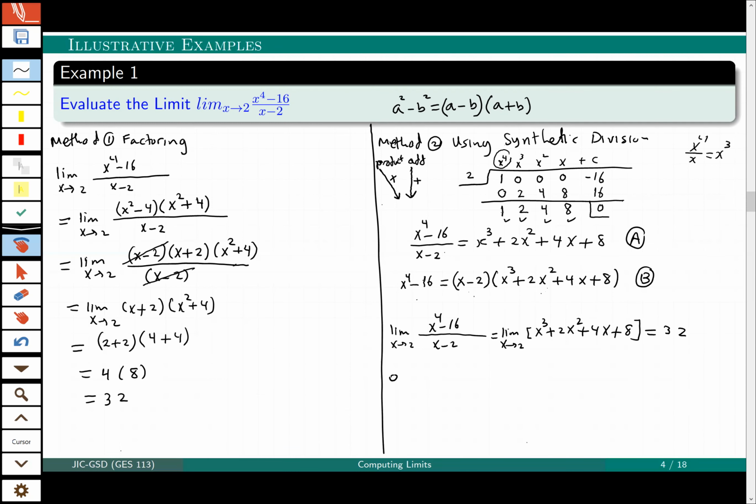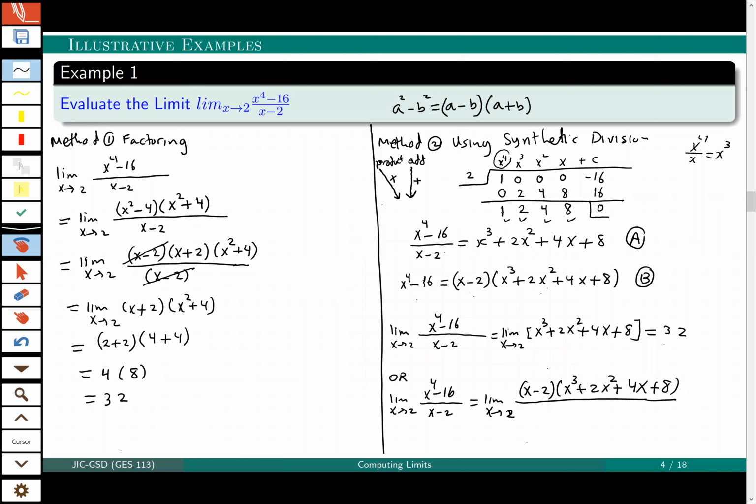Now, or you could say the limit when x goes to 2 of my polynomial x to the power 4 minus 16 divided by x minus 2 is equal to the limit when x goes to 2 of the divisor times the result of the division, which is x cubed plus 2x squared plus 4x plus 8.